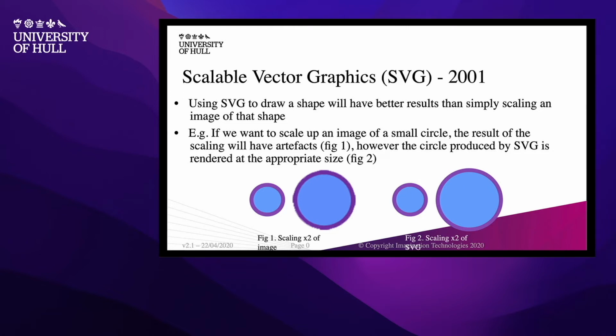It doesn't look right because we've basically just scaled up the pixels. Now, with vector graphics, each of these things are drawn as we need them. So we don't store an image and blow it up. These are actually generated on the fly for us. So one of the nice things about using vector graphics was it always looked correct for you.